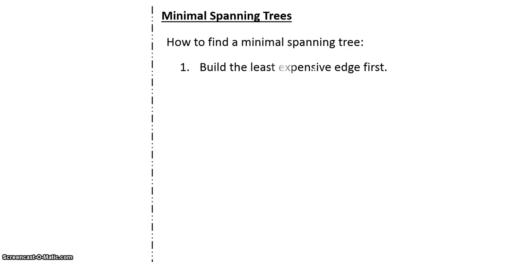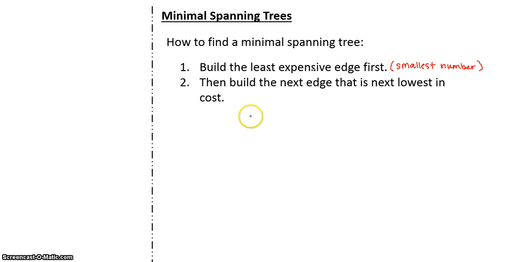So, step 1, you're going to build the least expensive edge first. So, this means it has the smallest number. It's the smallest number in your network. Number 2, then you're going to build the next edge that is next lowest in cost, or the next smallest number.